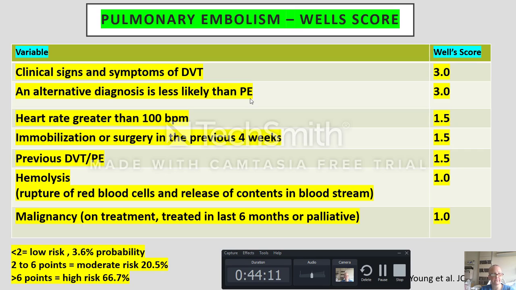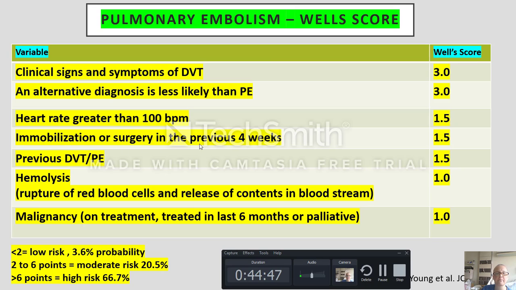Moderate risk. Heart rate greater than 100, 1.5. So a 3.6 probability. So because I'm tachycardic, according to the Wells score, I have a 3.6 probability that I'm going to have a pulmonary embolism.